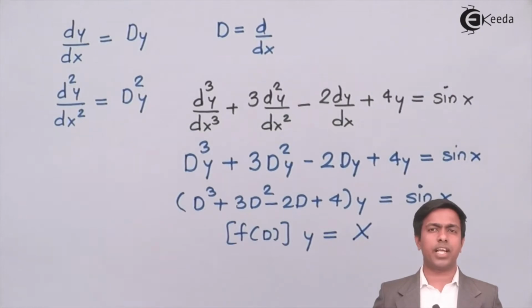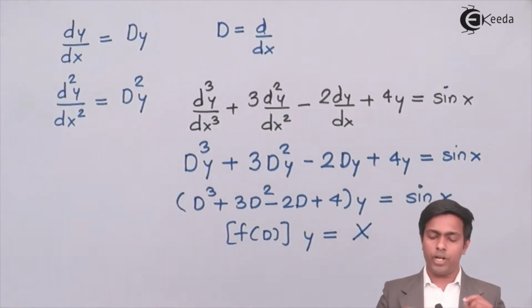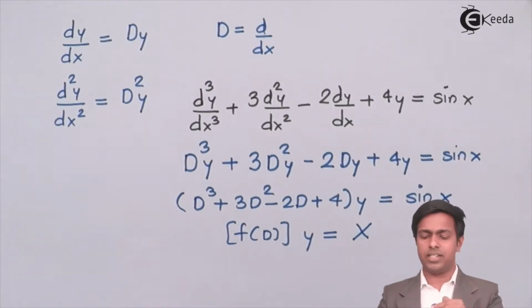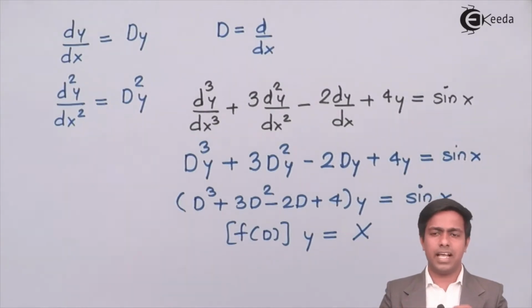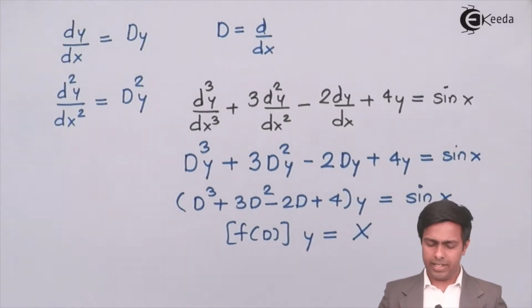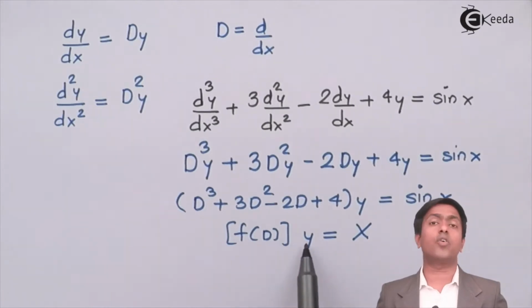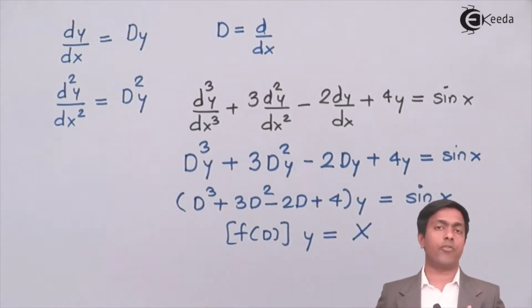So guys, let me tell you that any higher order differential equation, when you replace that dy by dx with Dy or d square y by dx square as D square y, it gets converted into this form, which is f of D into y equal to X. And guys, that f of D is present here along with y, and that f of D you have to consider while finding the value of yp.